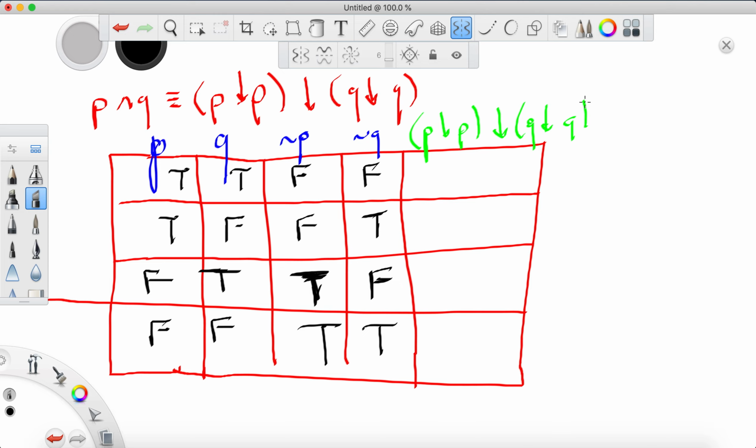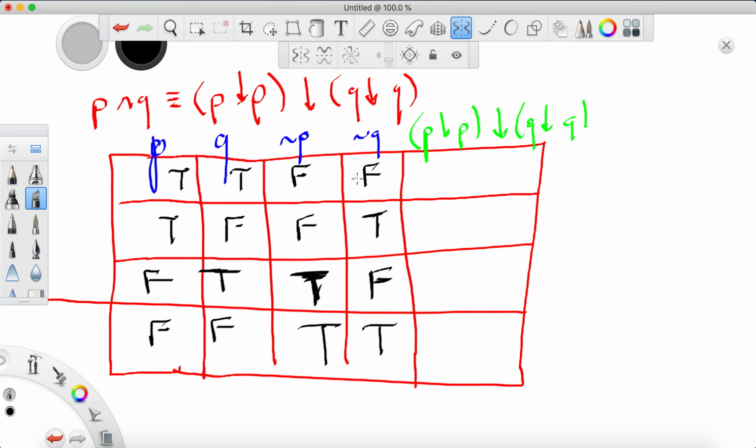Basically, it's always going to be false unless both of them are false. So if that expression is false and that expression is false, then by how we defined the down arrow, the whole thing will be true.